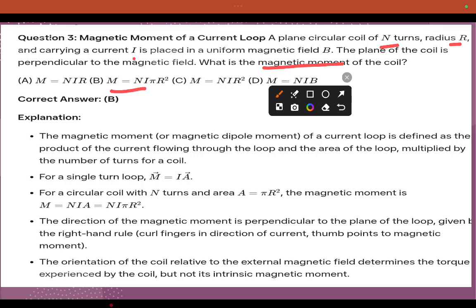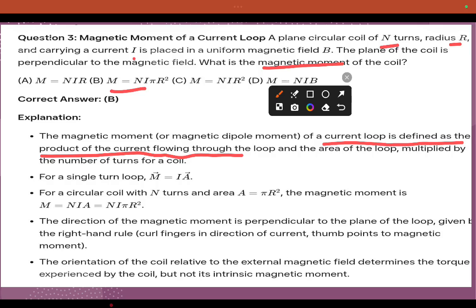How? Explanation. The magnetic moment of a current loop is defined as the product of current flowing through the loop and the area of the loop, multiplied by the number of turns of the coil.